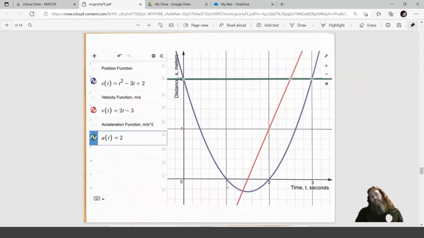Where we see the velocity here is in the negative quadrant, they're opposite signs, and so the object is slowing down from 0 until this minimum here where it stops. And then once it hits here, our positive acceleration aligns with the positive velocity, telling us that from this point on, 1.5, both acceleration and velocity are positive, meaning that this particle is speeding up, and will be doing so to infinity and beyond. So anyways, that's that part.